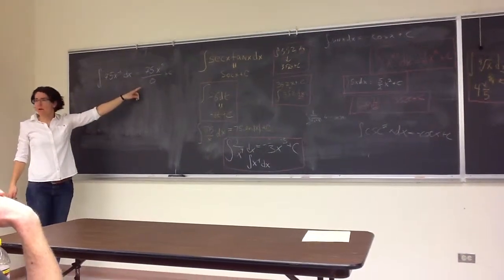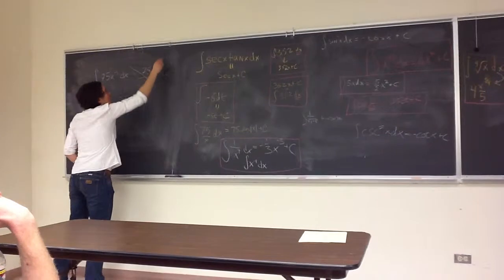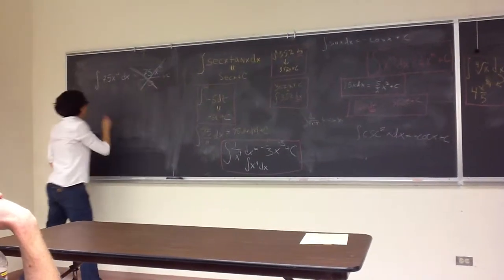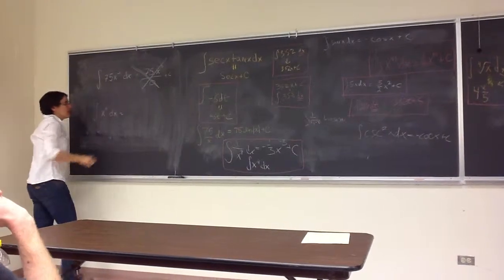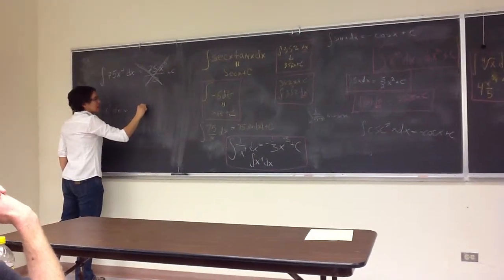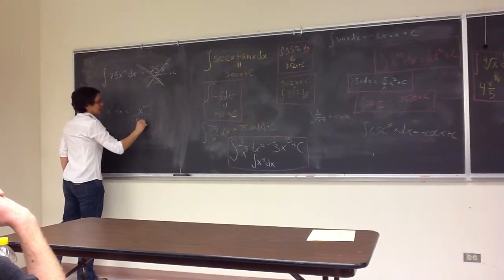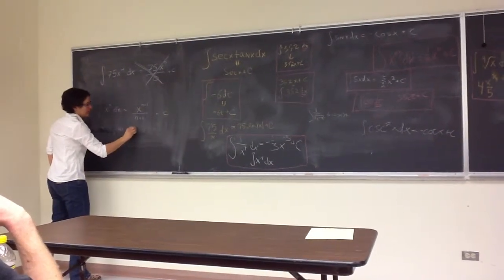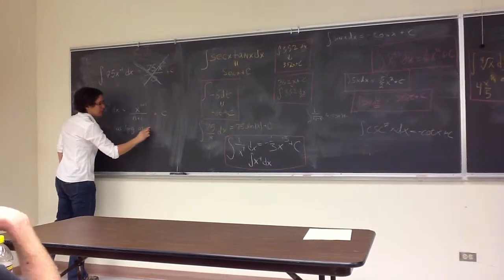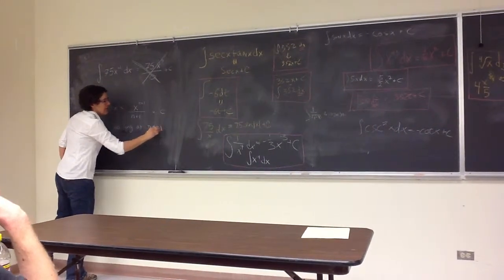The thing that went wrong here was that the power rule, the integral of x to the n dx, is x raised to the n plus 1 divided by n plus 1 plus c, as long as n is not equal to -1.